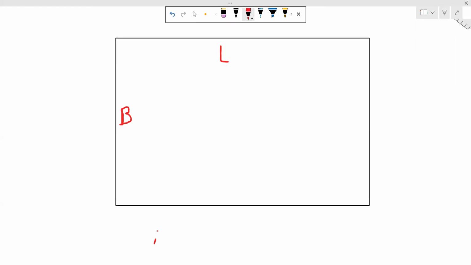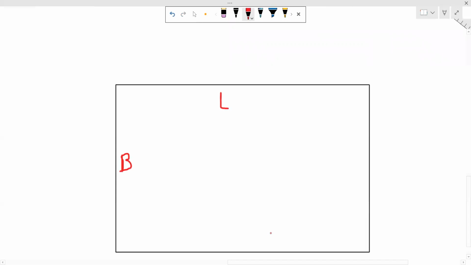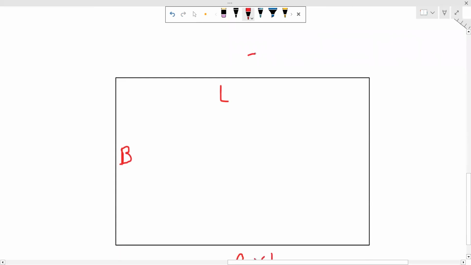So the area of the rectangle is the multiplication of length into breadth. Suppose I give you a question: if the length of this rectangle is 5 centimeter and the breadth is 4 centimeter, what is the area?